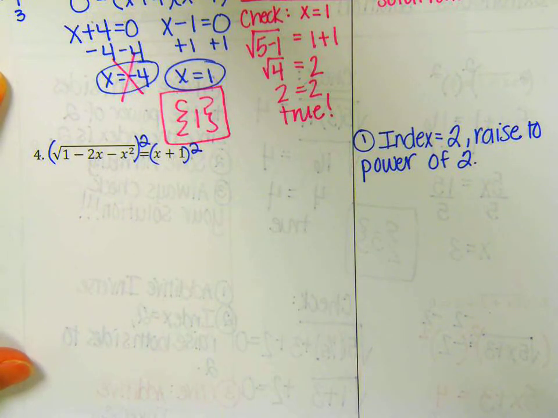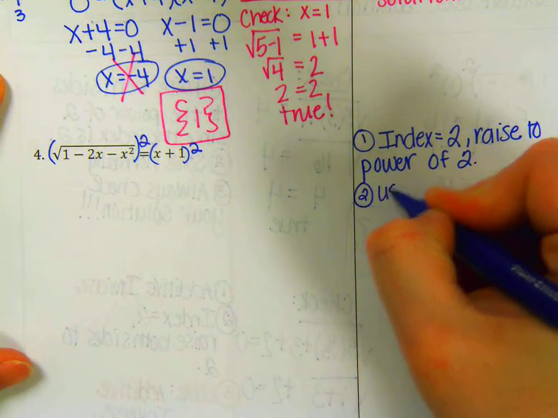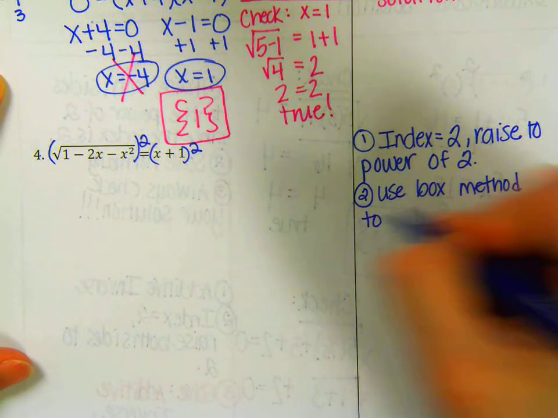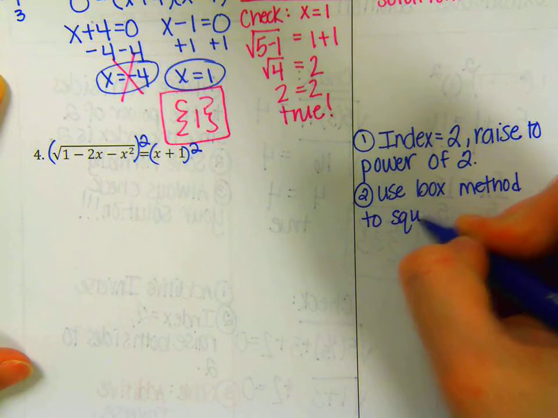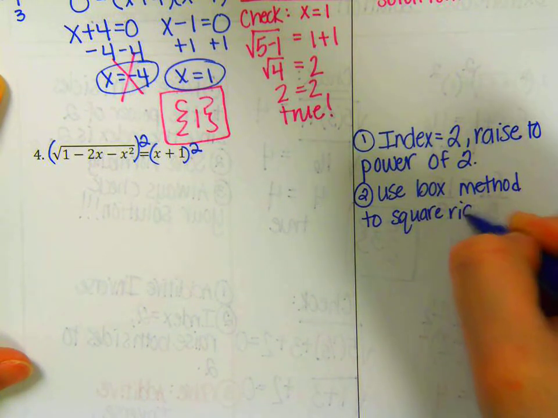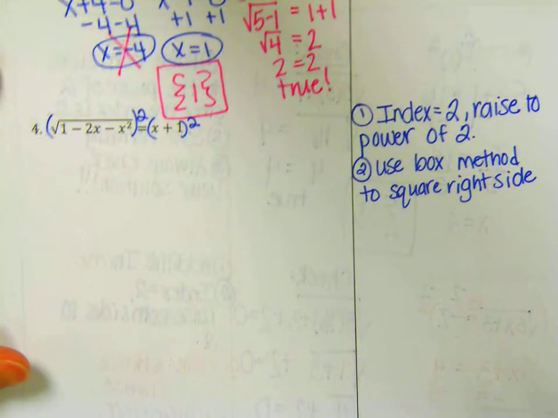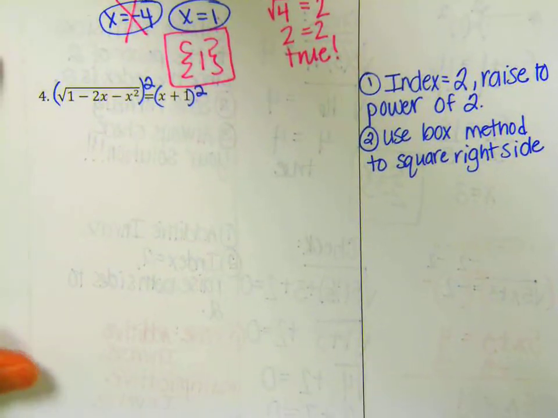You can tell right away that the right-hand side, I'm going to have to use what method to figure it out? Box method, right? Use box method to square the right side, which technically is the same as the one that we did above, so you could just copy it down so that you have it.